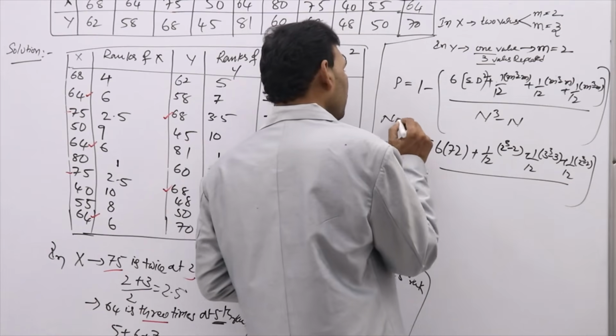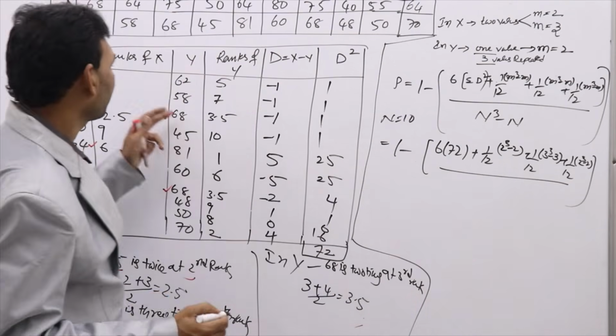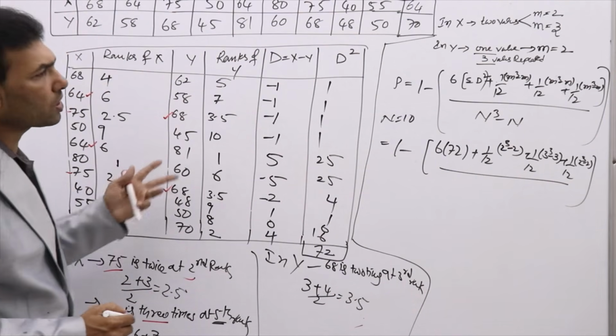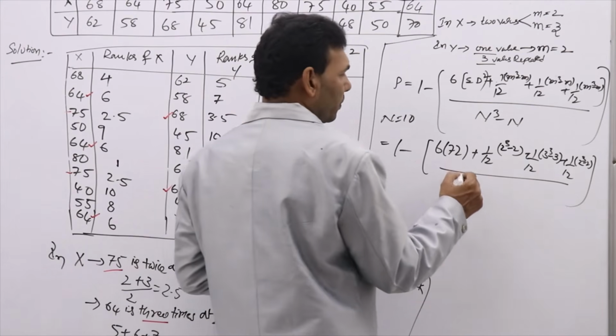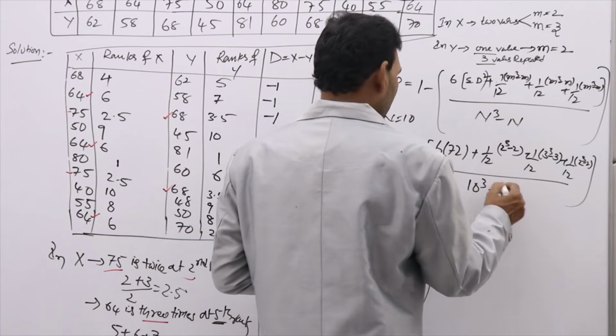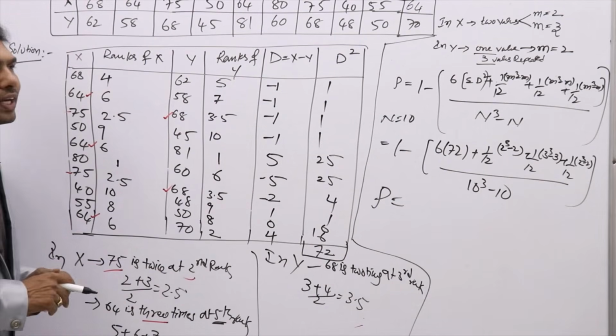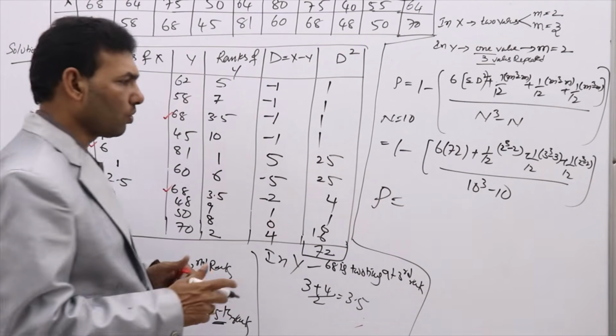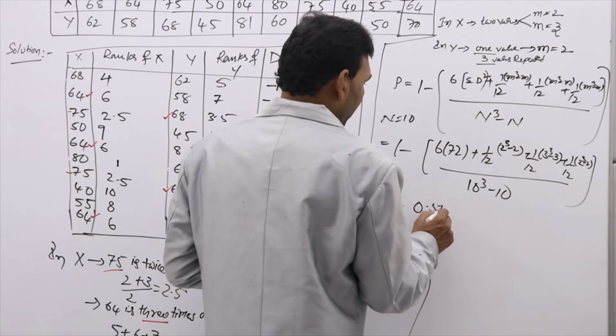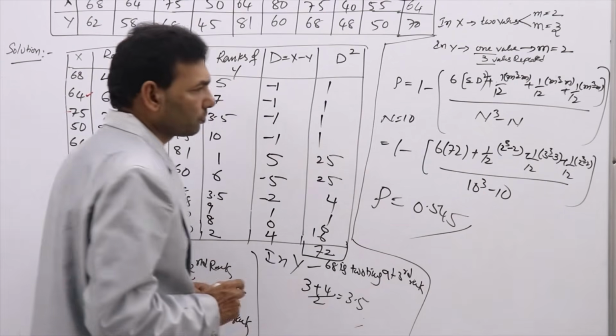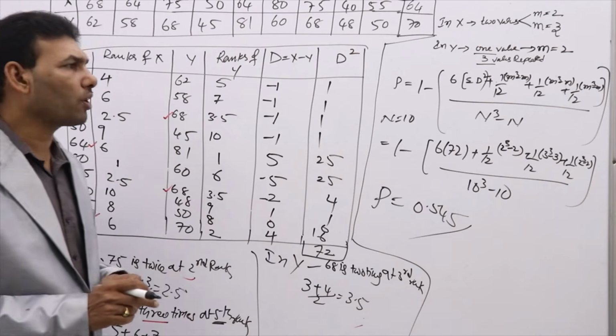N number of values, if you see, 10. Number of pairs of values, 10 pairs we are having. So 10, 10 cube minus 10. So this will give you rho value. Use your calculator to get rho. Rho is 0.545.